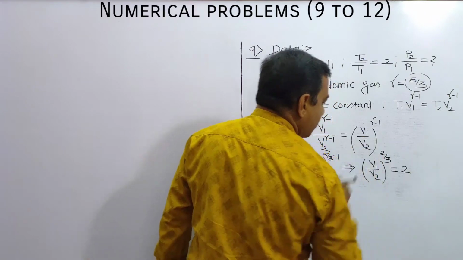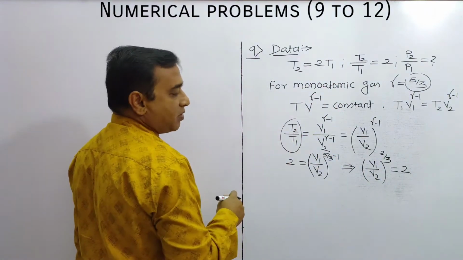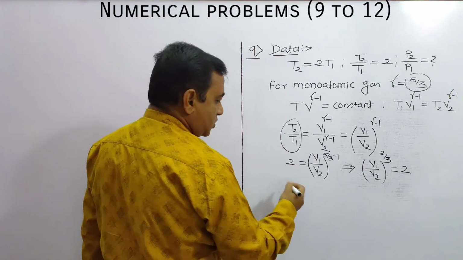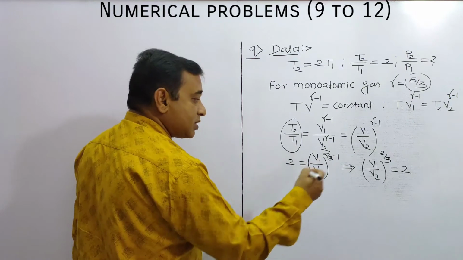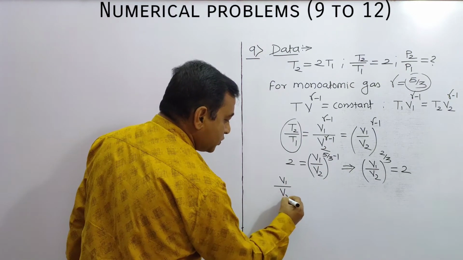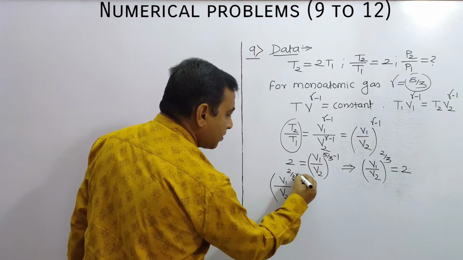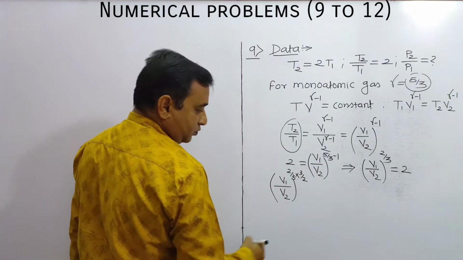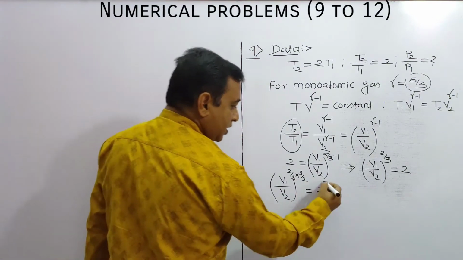So as to discard this power, I am going to multiply the power with 3 by 2. So here taking the power 3 by 2 on both sides. V1 upon V2 raised to power 2 by 3 multiplied by 3 by 2 is equal to 2 raised to power 3 by 2.